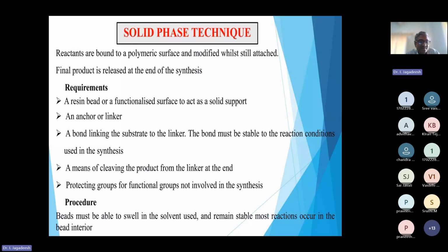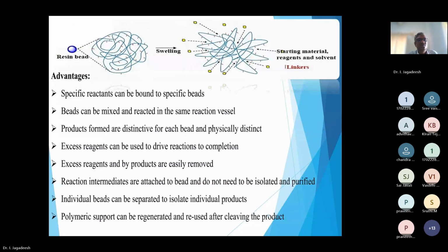So the procedure is that beads must be able to swell in the solvent used and remain stable. Most reactions occur in the bead interior only, which results in product formation. Later on, we will extract or remove that particular product from the resin or the bead. You see in this picture, you are making a resin which appears like a ball, and we allow it to swell in the solvent.